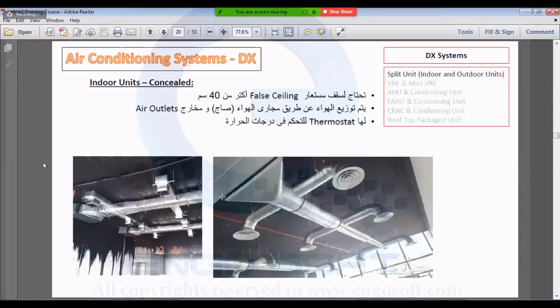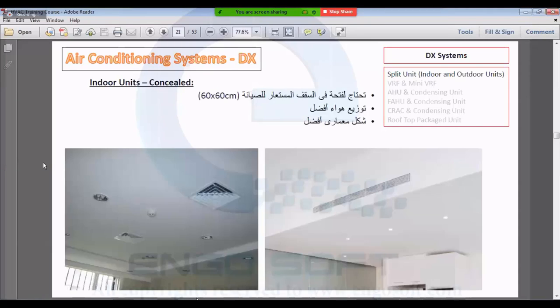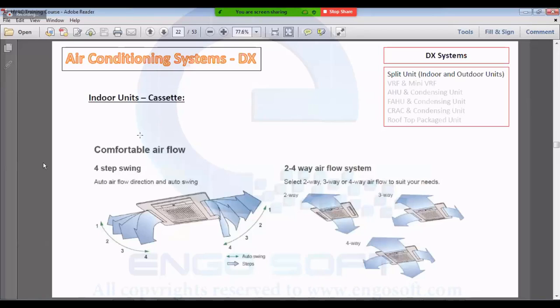These are the shape of them above the ceiling. They need only 40 centimeters above the ceiling. Access hatch should be provided for maintenance, 60 by 60. It has the good architecture shape. We spoke about the cassette unit, which has many directions of flow, two-way, three-way, or four-way.